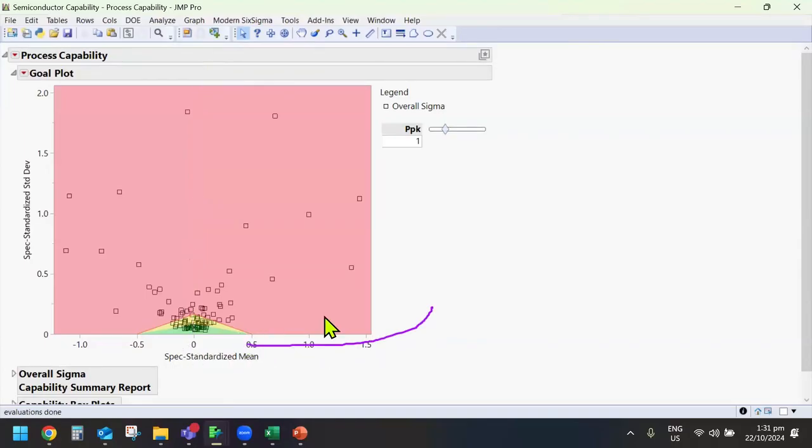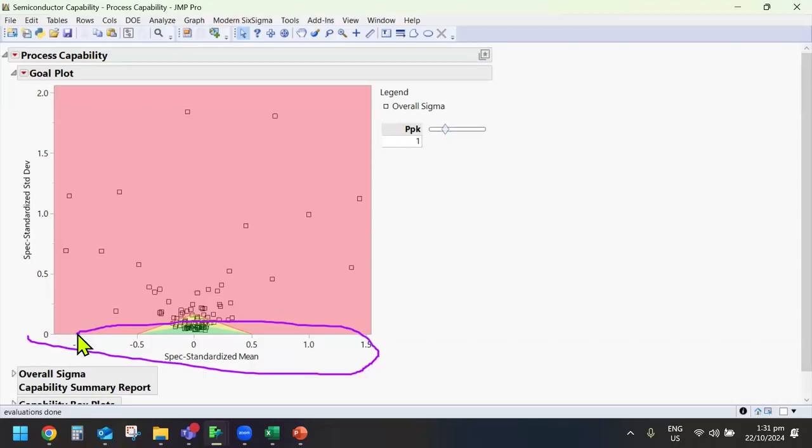If they are on the right side, that means the calculated mean is actually higher than my spec limit target. Same calculation for the lower part. So this is for the X dimension.